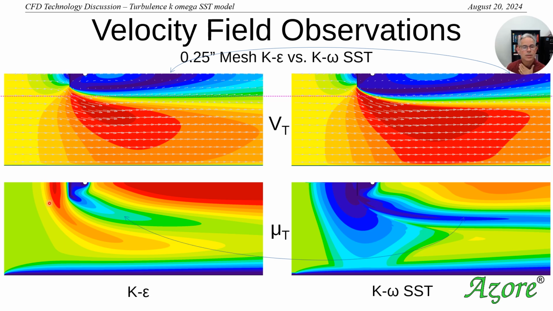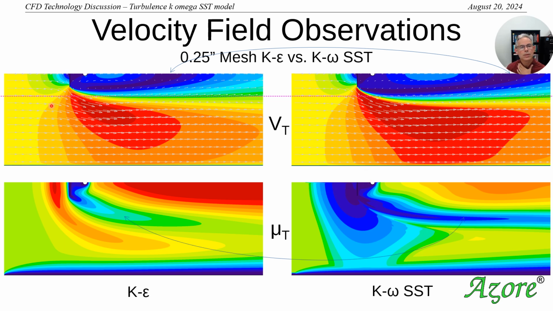And this is what we would see if we exercise these turbulence models. So anyway, the turbulence model for the K epsilon says that the turbulent viscosity is high, so there's a lot of mixing right here, whereas the K omega SST turbulence model in this particular case indicates that the mixing potential is going to be reduced as it goes around the corner.